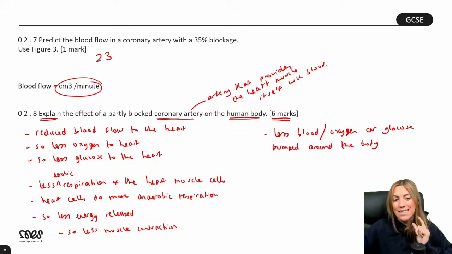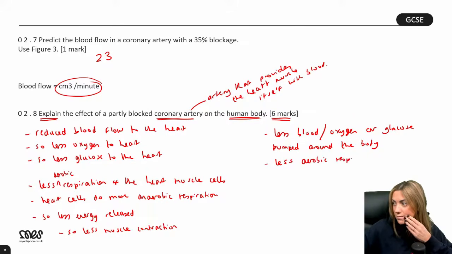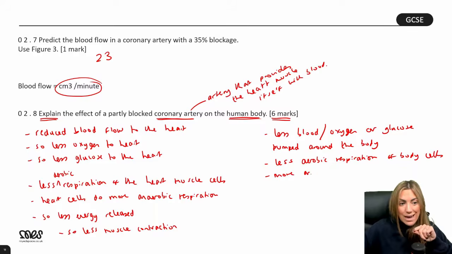So we're actually going to see less blood or less oxygen or less glucose going around the body, which could mean less aerobic respiration. Now we're talking of the body, right? Of body cells, or more anaerobic respiration. Now we're talking about the body cells, remember?